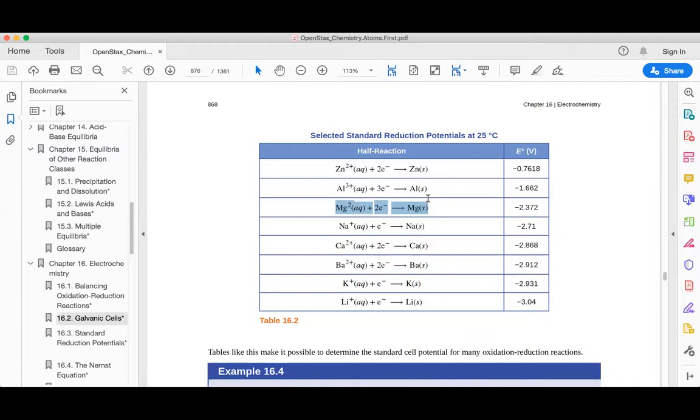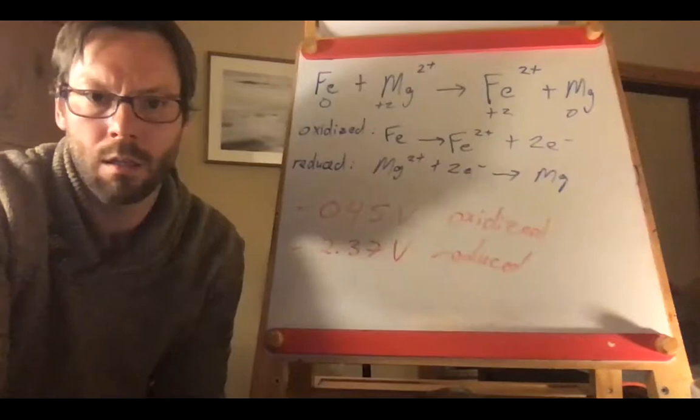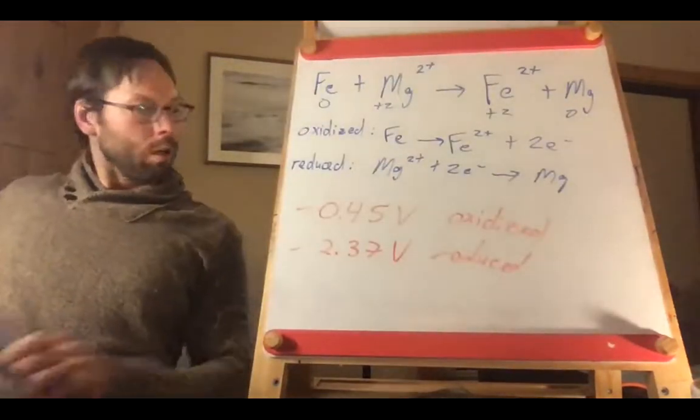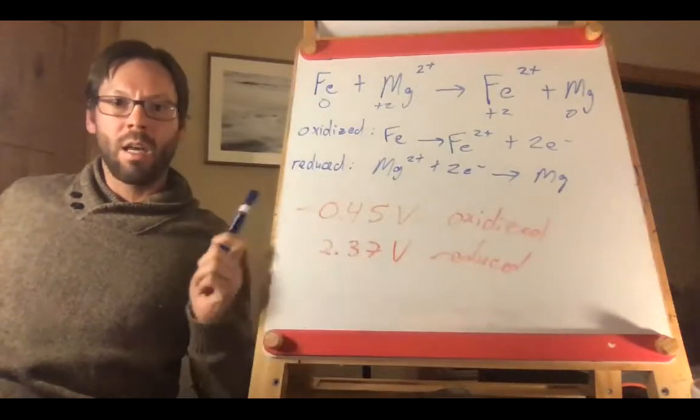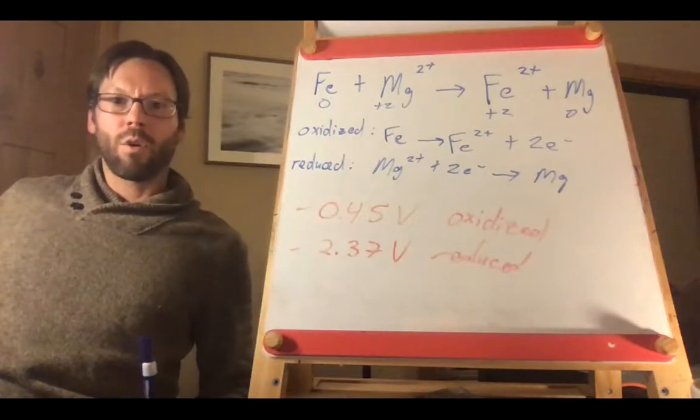Okay, and that's going to be for our reduced, and the -0.45 is for our oxidized. So this is what we come up with. We have a -0.45 for our oxidized and a -2.37 for our reduced.